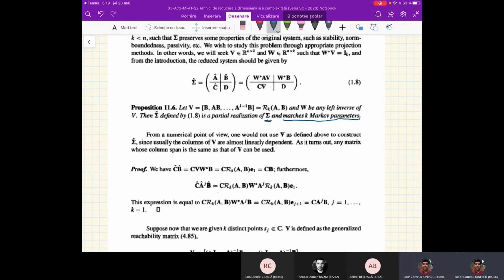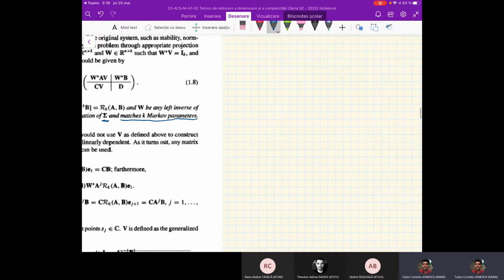You need not necessarily use matrix V, but you can use any other matrix that spans the columns of V. So you can use the columns of the controllability matrix as a basis for a space, to construct any matrix V from that space spanned by the columns of the controllability matrix.